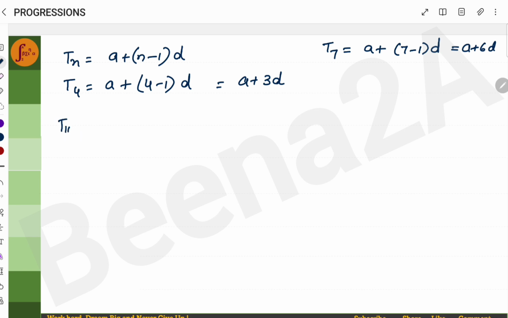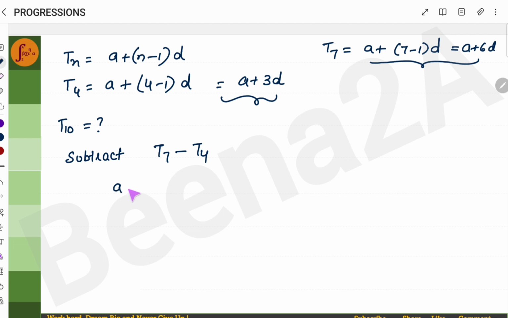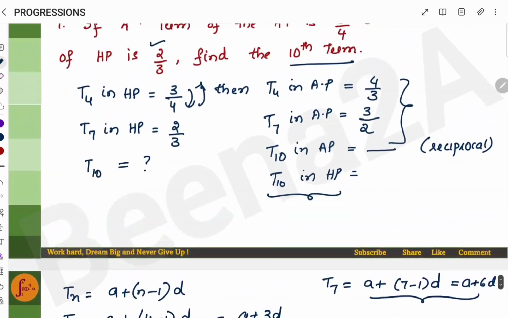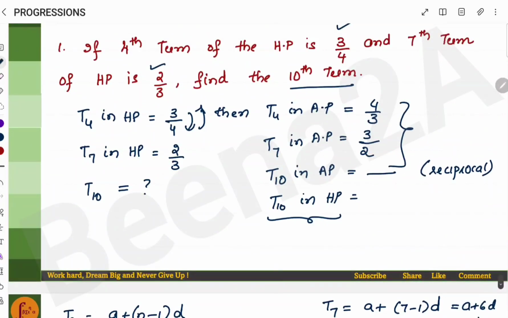Now we'll have to find the 10th term. So we'll take these two equations and subtract them, t7 minus t4. The seventh term has been given: 3 by 2.